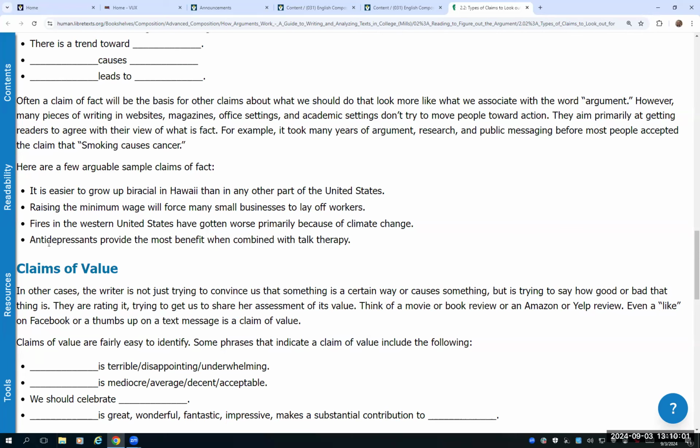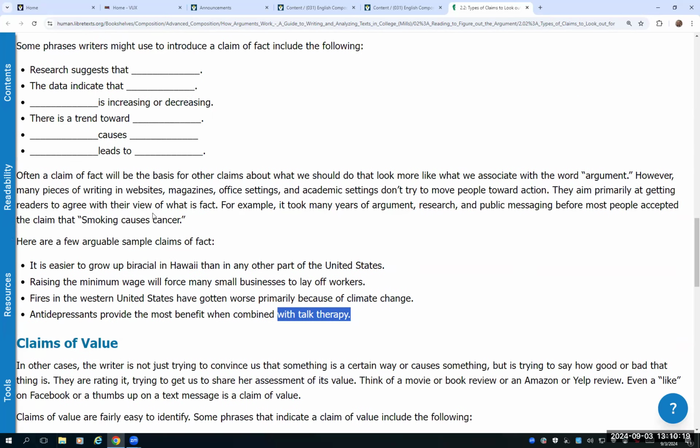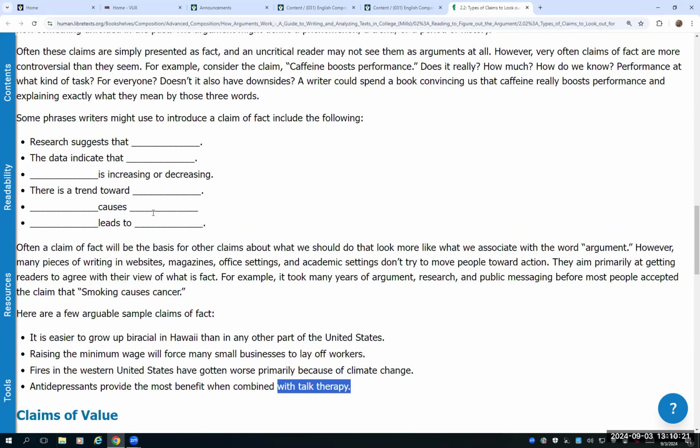And here we see that antidepressants provide some benefits when combined with talk therapy. What about other kinds of therapy? Do the antidepressants provide benefits there? So again, this is a claim of fact.